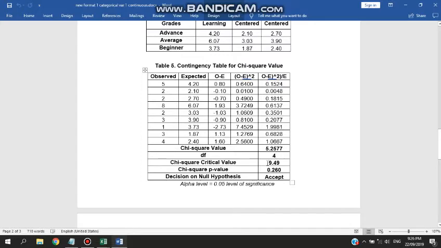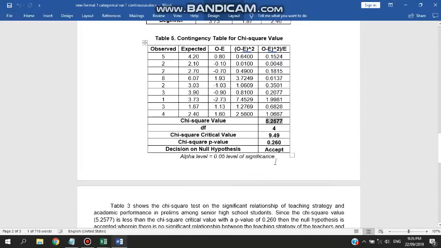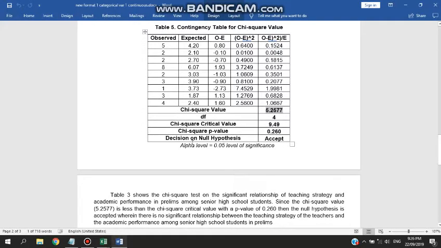So, it falls below 9.49. It means that the chi-square value is lower than 9.49. It means walang significant relationship. It means no matter how much the grades of the student, it doesn't really matter anong strategy na ginagamit ng teacher, teaching strategy.